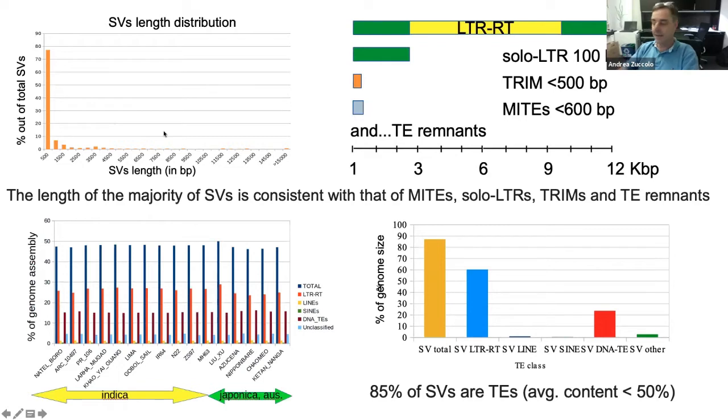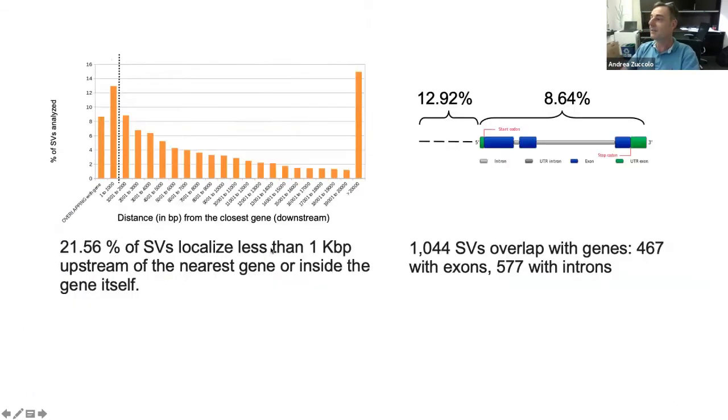Indeed, when we analyzed these sequences, we were able to see that SVs were enriched in TEs. Indeed, 85% of their sequence is represented by TEs, whereas the average content of TEs across the entire genome, depicted in this graph by these blue bars, is just less than 50%. So SVs are definitely enriched in TEs.